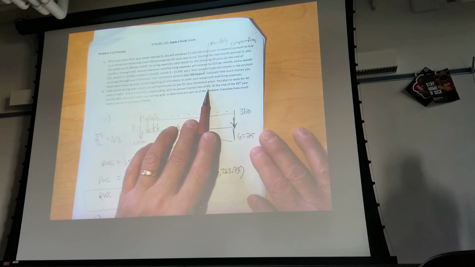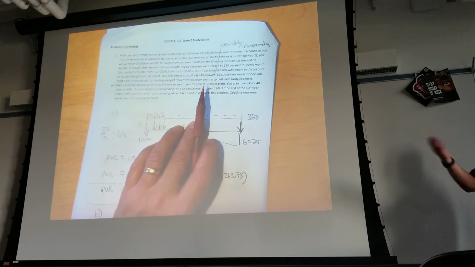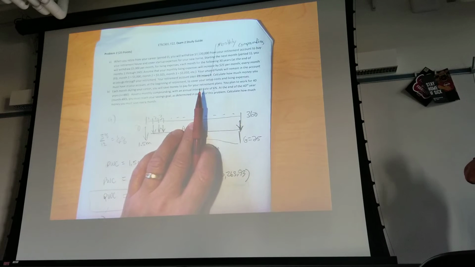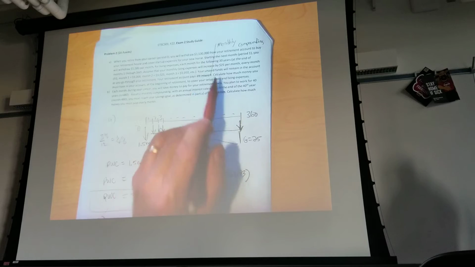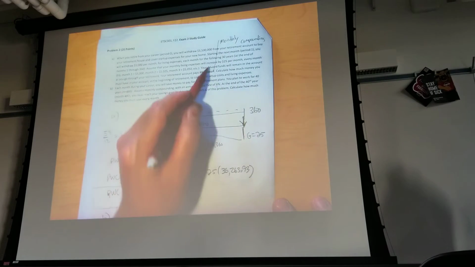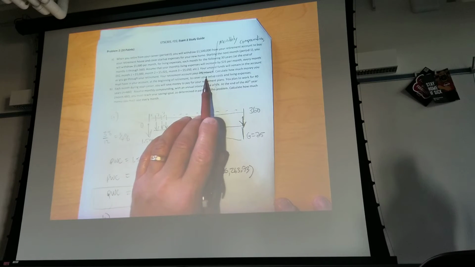You're a little more aggressive when you're saving because you want it to grow, but then once you retire, you don't want to be risky. You don't want to lose your retirement and go to the courthouse. So you shift it over to something safer, pays lower interest. That's why there's a higher interest rate when you're saving than after you retire.